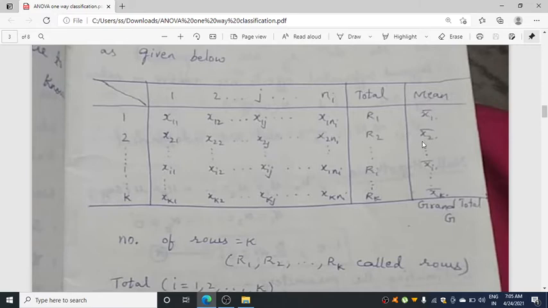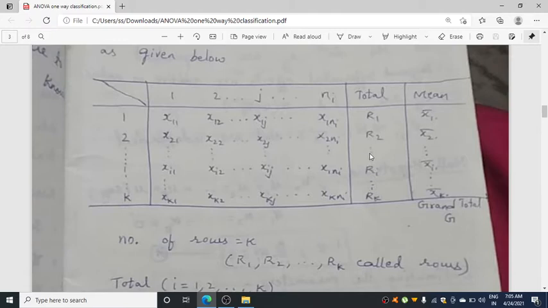As I told you, one-way classification is influenced by one factor. So one factor, either it will be row wise or column wise. If it is column wise, you will get the total and the mean downwards. So it will be c1, c2 and so on, and you will get the mean as x dot 1 bar, x dot 2 bar, like that.